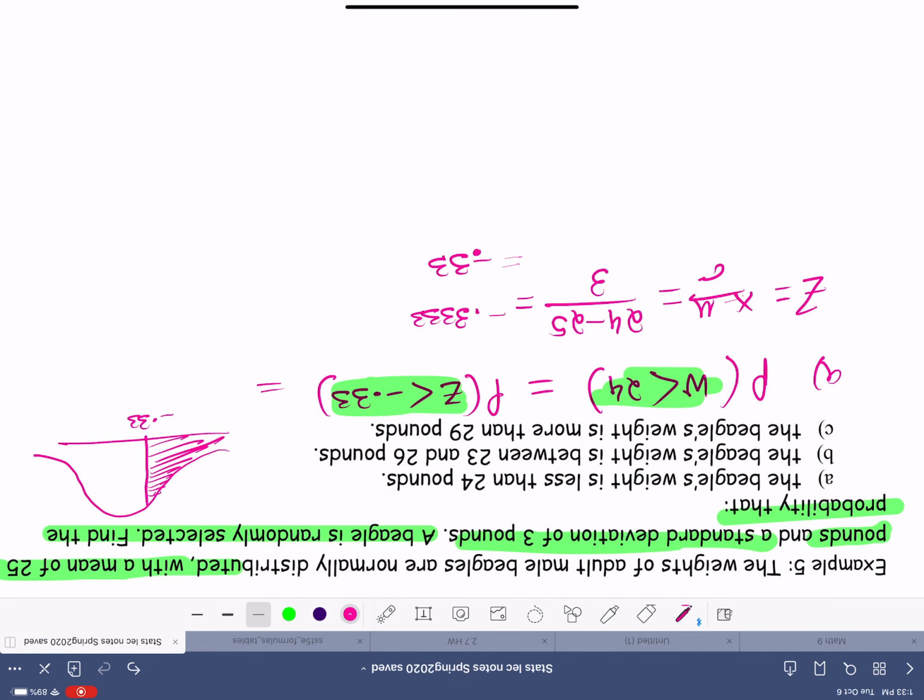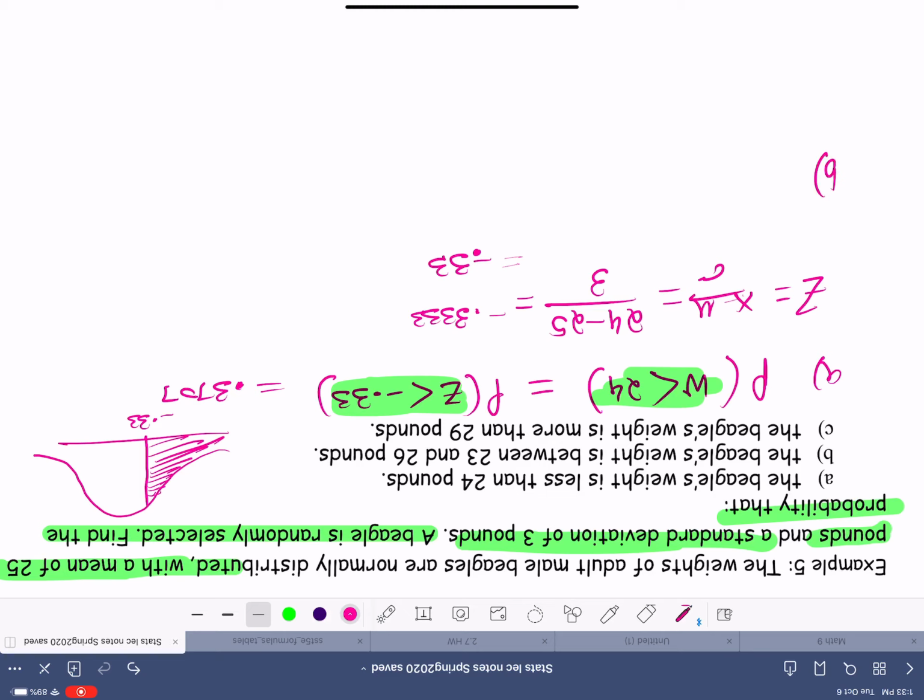So there's about a 37% chance that if I randomly select a beagle from this population, its weight will be less than 24 pounds. That's how we interpret the answers.